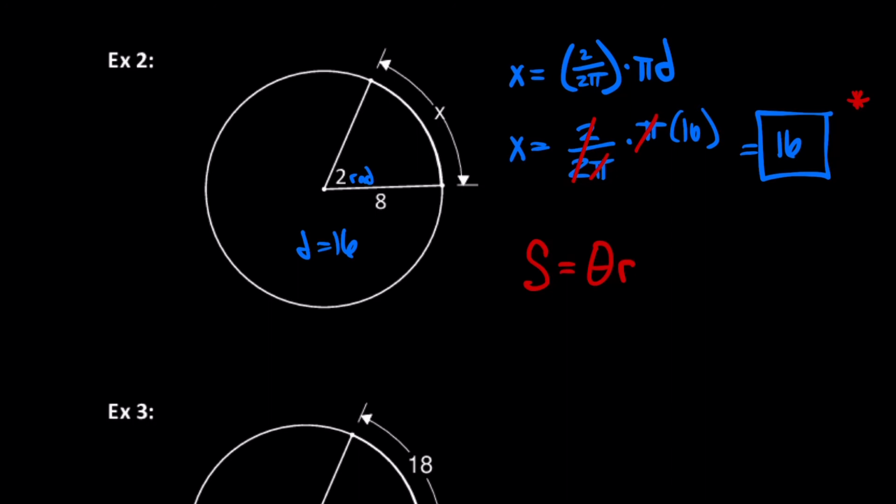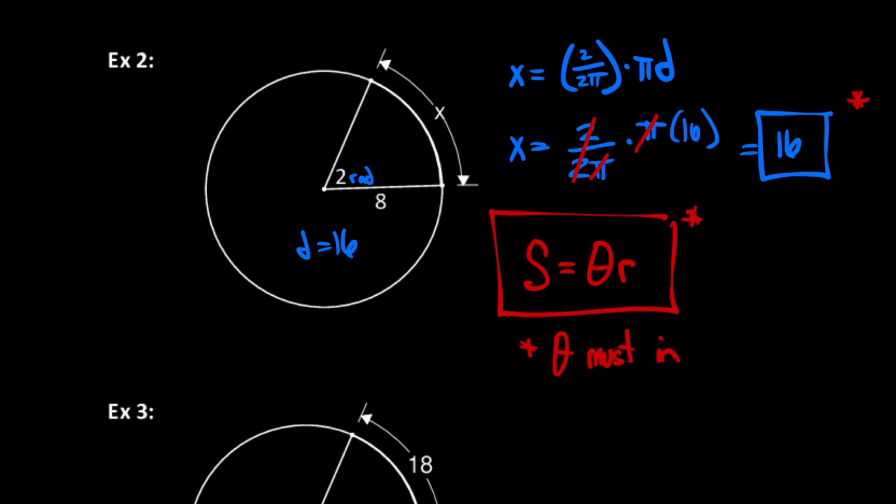In this case, r stands for radius. However, there's a catch. This only works when theta is in radians. Must be in radians. Okay? So, that's an easy formula to work with.